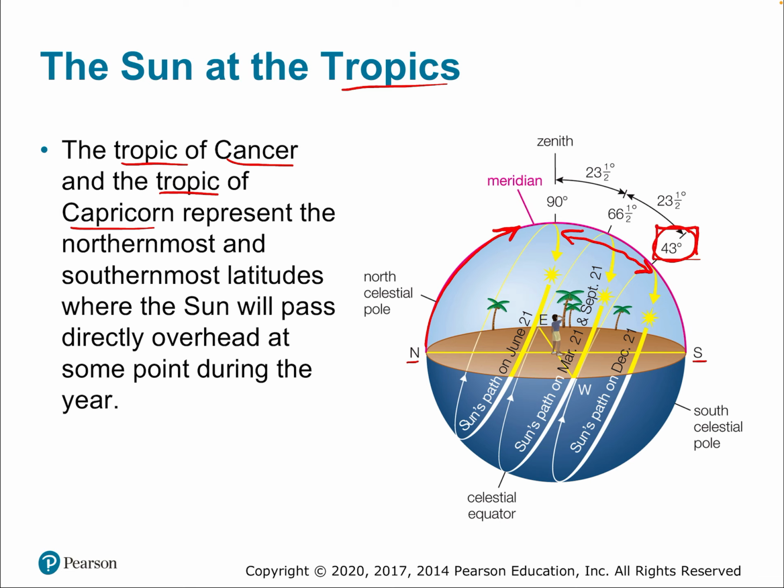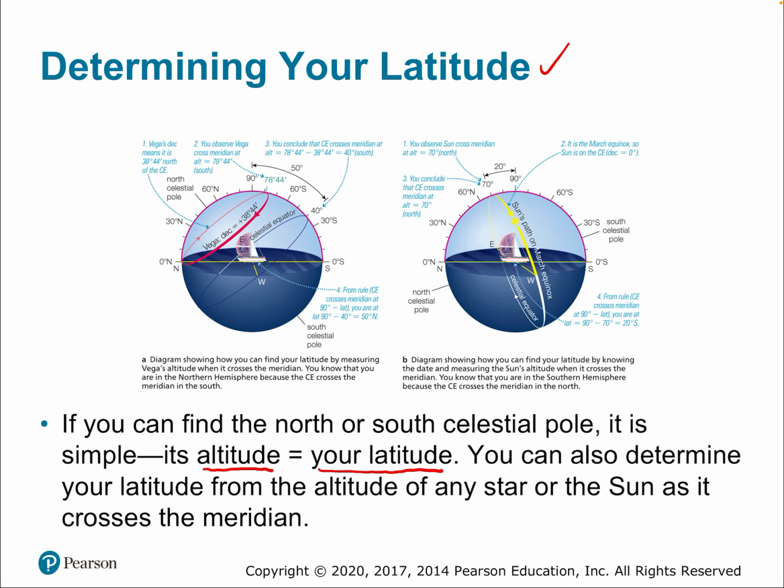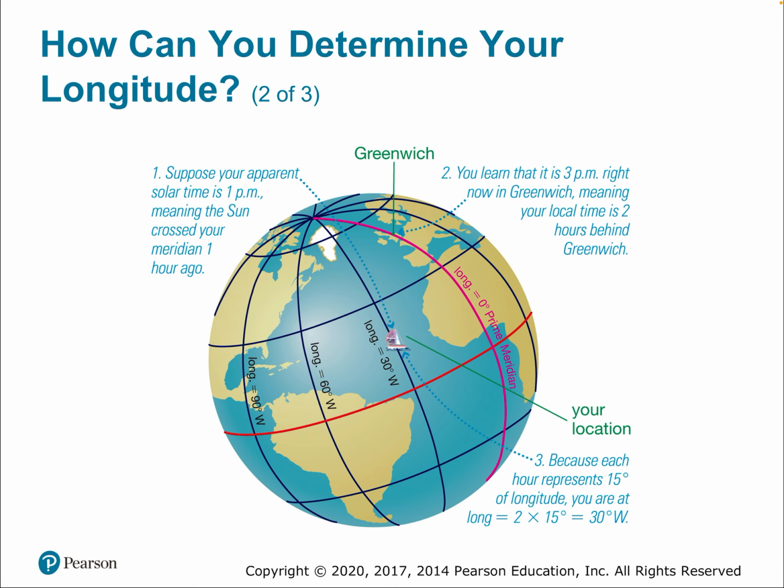You make that measurement. You say, okay, I waited for the sun to cross the meridian. I used my compass to know exactly where the meridian is, and I noticed that the sun crossed, and I measured 43 degrees above the horizon. That tells you that you are located exactly at 23 and a half degrees north of Earth's equator. In other words, exactly at the Tropic of Cancer. And if you've got a different number, it'll tell you you're located somewhere else. Okay? So that's the idea, that you can use the sun as it crosses the meridian.